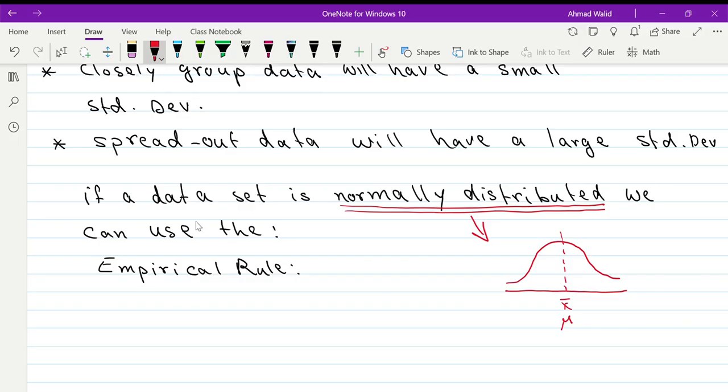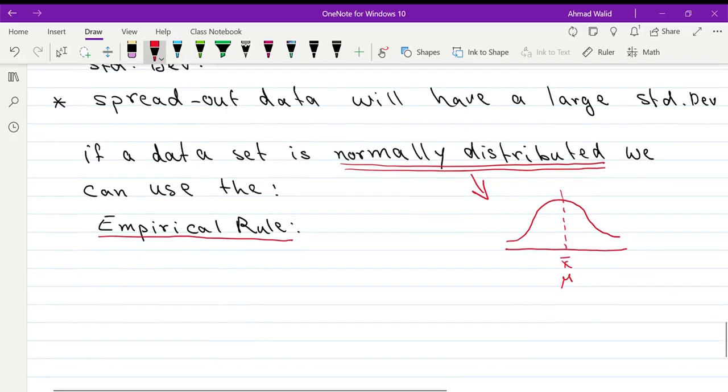If it's population, mu, if it's a sample, x bar, correct? If your data is normally distributed, again, I'm telling you only and only if, you can use this rule, which we call the empirical rule.